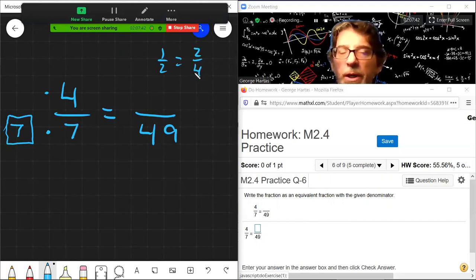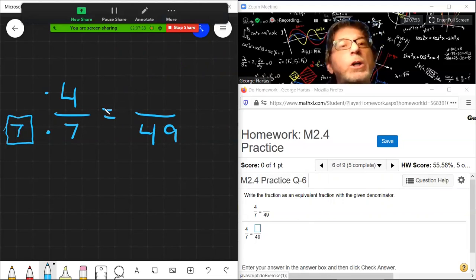This is the same ratio, 1 to 2, 2 to 4, it's the same ratio because they both reduce to the same number. This reduces to 1/2, right? So you'll hear the word ratio in Math 50. I'm just throwing that out there. Heads up here. To keep the same ratio and not mess up the fraction, we have to multiply the top by the same number that we multiplied the bottom by.